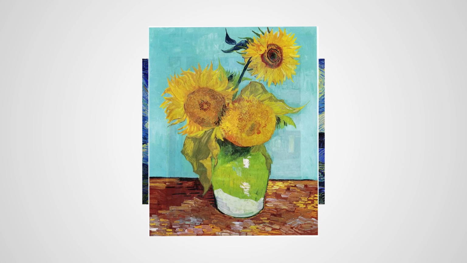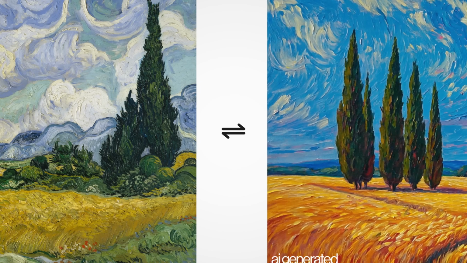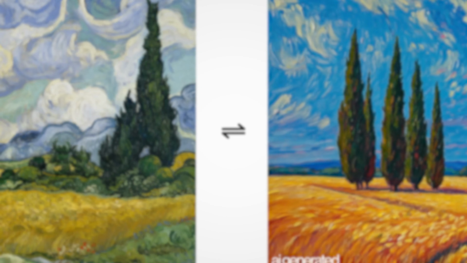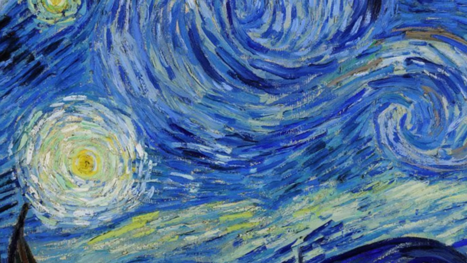Similarly, if I were to input 100, 200 images of Van Gogh paintings, the model eventually learns what Van Gogh paintings look like. It understands that a certain kind of brushstroke contributes to a Van Gogh painting. Certain kinds of colors, certain kinds of textures contribute to what looks like a Van Gogh painting. And therefore, it is able to learn these patterns and reproduce them.